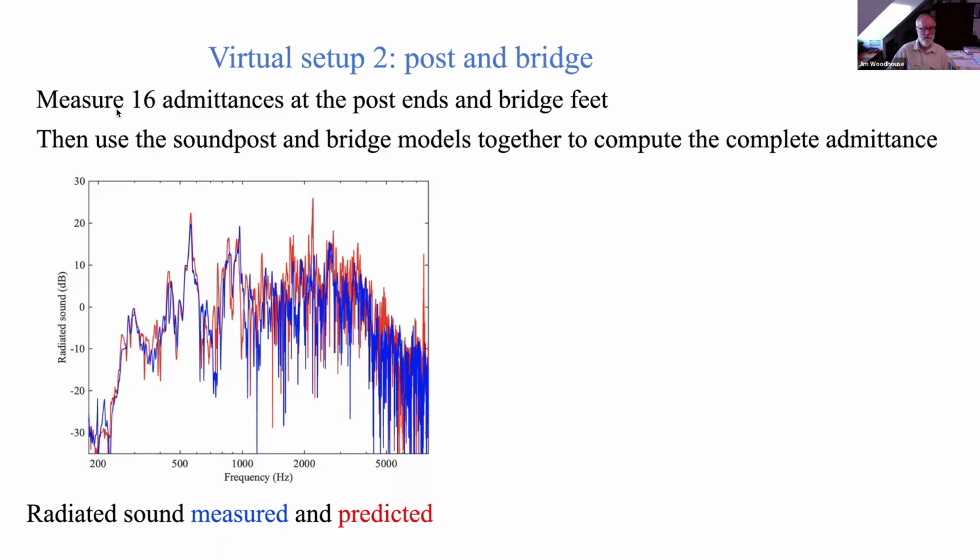I'm glossing over the details here. It's quite laborious to measure these 16 admittances at the post ends and the bridge feet. And then we can use the soundpost model that I've talked about here and the bridge model that I talked about in the previous talk, and we can fit all of those. And here's the result.